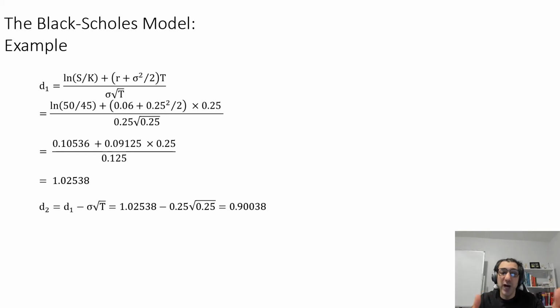Now, I just found the d1 as 1.02538, and I can use the formula to find the d2. Now, we have both d1 and d2. Now it's time to talk about the next part, which is the normal probability of these numbers, N(d1) and N(d2).